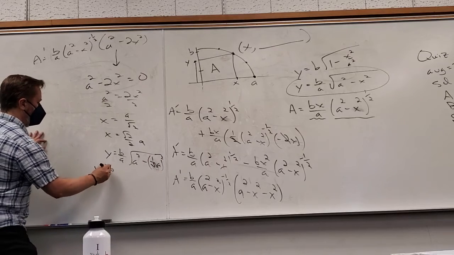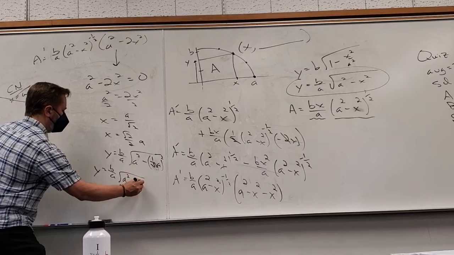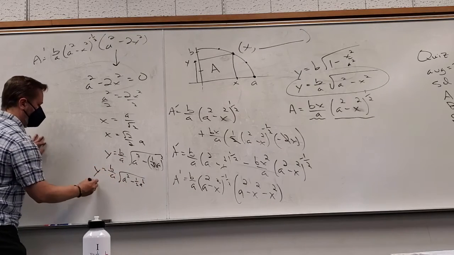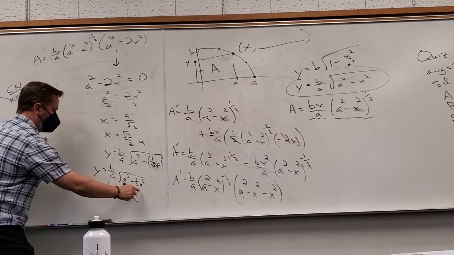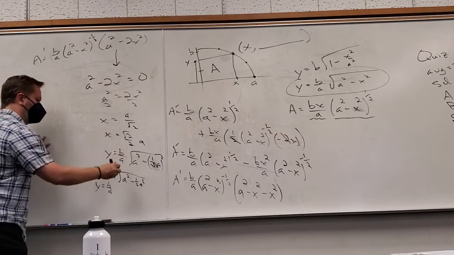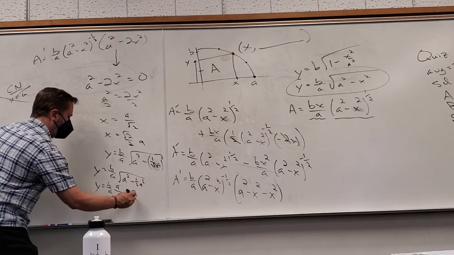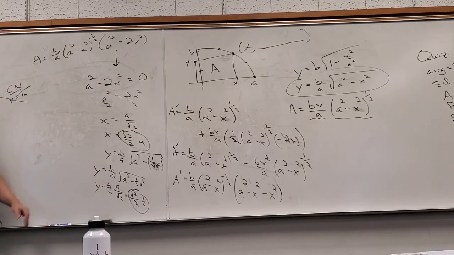So this would be b over a times the square root of a squared minus 1/2 a squared. That's 1/2 a squared, and the square root of that is a over the square root of 2. So you end up with root 2 over 2 times b. That's almost too nice to believe. I mean, that's kind of neat.